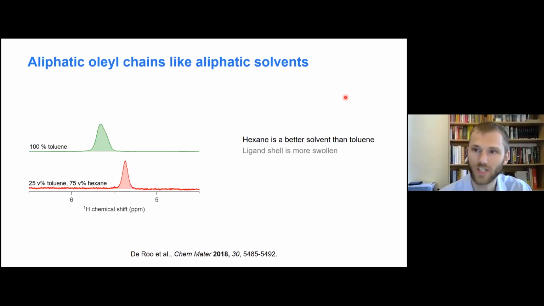That is a conjecture. That is possible, that some facets are better solvated than other facets in toluene, but that all facets are equally solvated in hexane. That could have something to do with how close the ligands are spaced. So that is a hypothesis, but that's not proven. The only thing that I know about this asymmetry is that you can remove it by choosing the right solvent. So it has to do something with solvation.